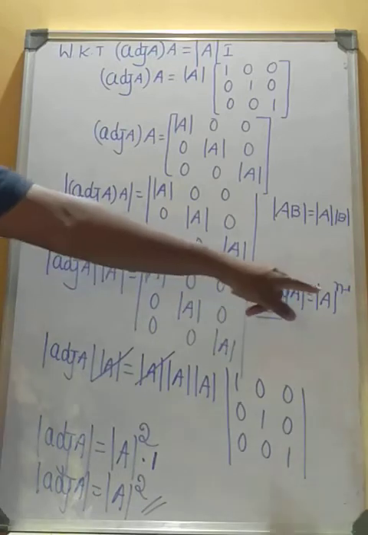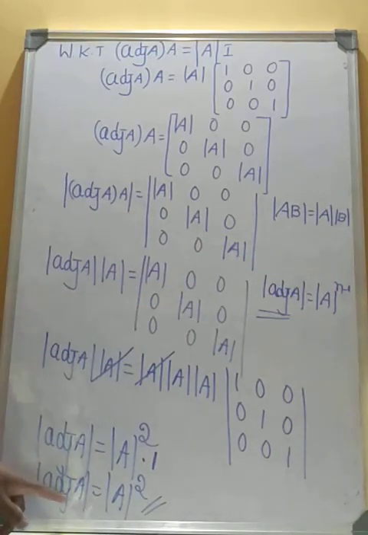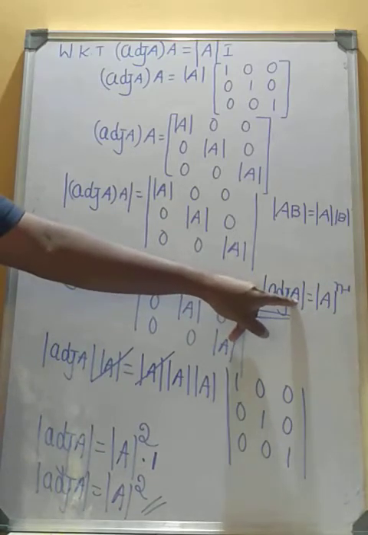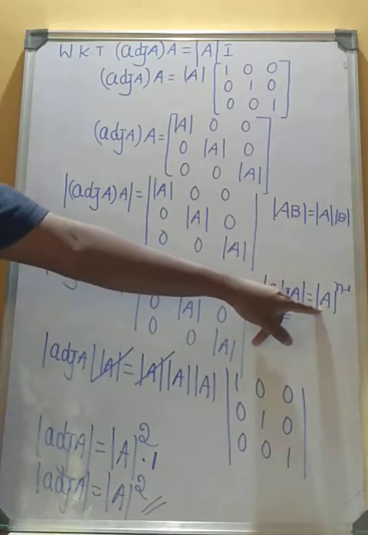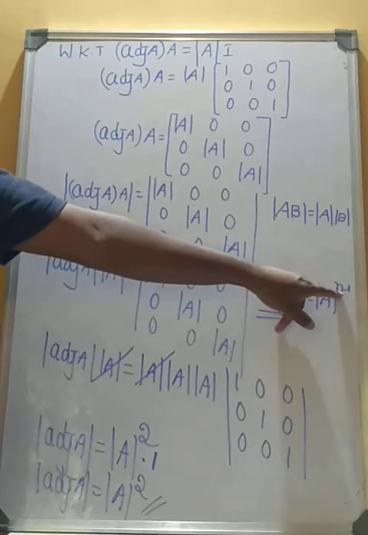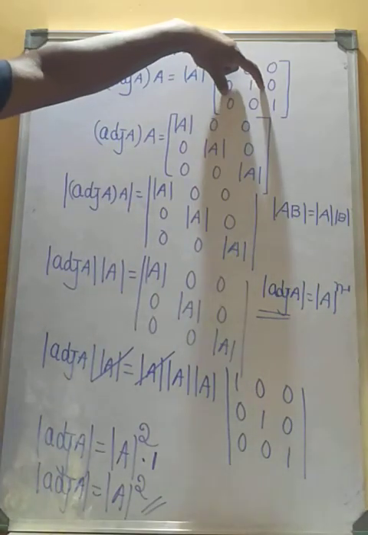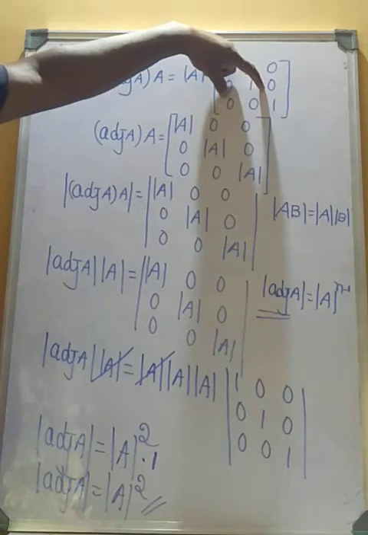Order is n. Repeat once again. If A is a non-singular matrix of order n, then determinant of adjoint A equals determinant of A to the power n minus 1.